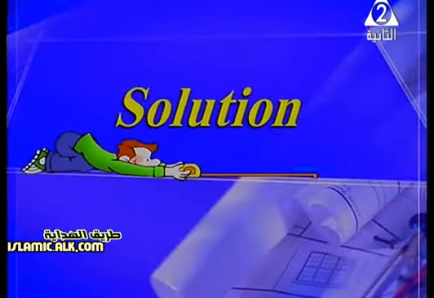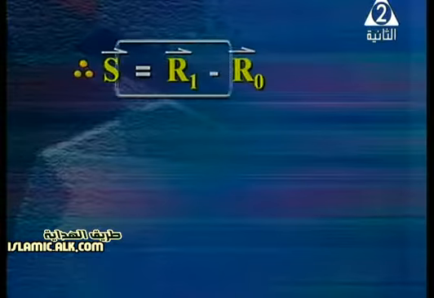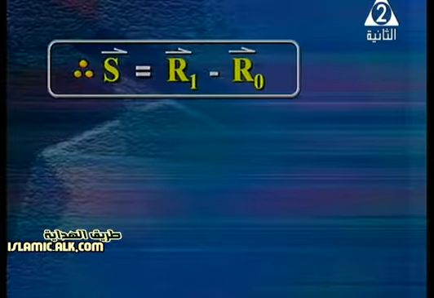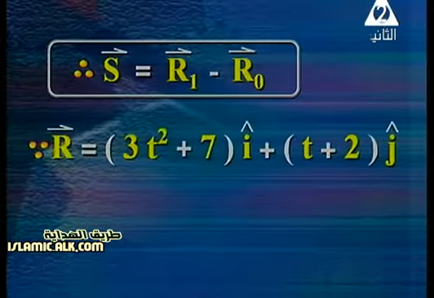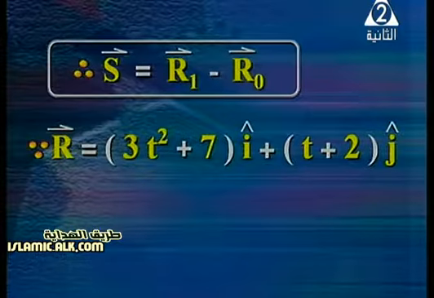Solution. Dear student, at first we find the displacement, which equals r1 minus r0. What is r? It is (3t squared plus 7) in vector i plus (t plus 2) in vector j.